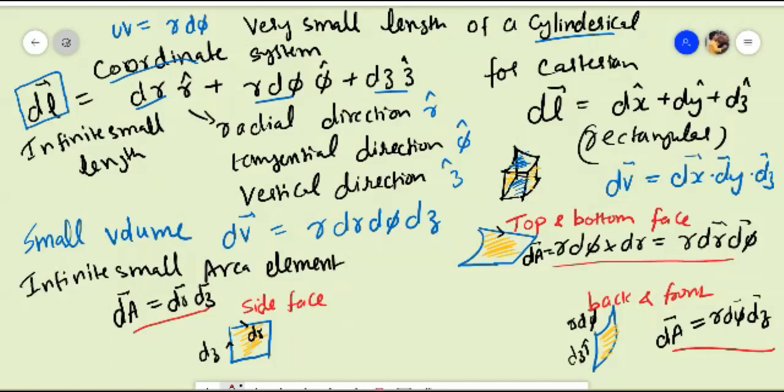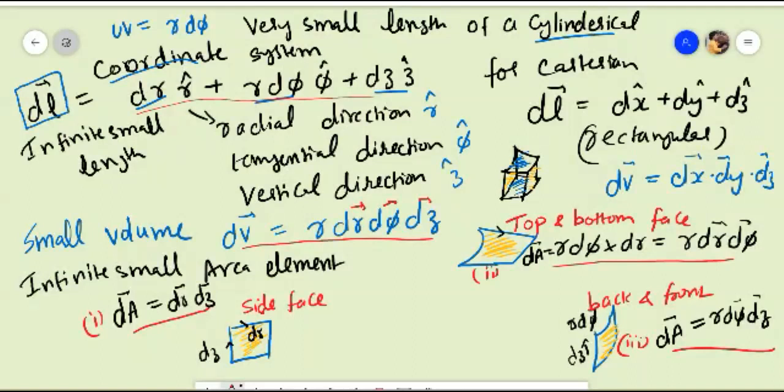So we have one length element given by dr r-cap plus r dφ φ-cap plus dz z-cap. Then we have one volume element which is given by r multiplied by dr multiplied by dφ multiplied by dz, and then we have three small area elements.